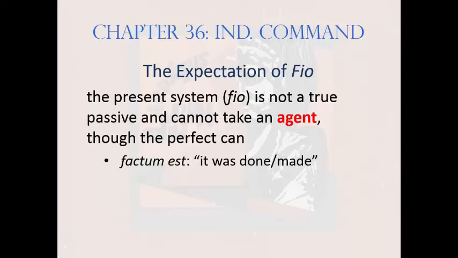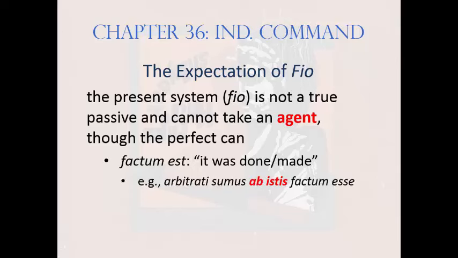Fio's perfect forms like factum est, which is really facio's perfect passive, can indeed take an agent, but only when it means "it was made or done," not when it means "it became or it happened." Those last two meanings call for different constructions, as we'll see in a second.